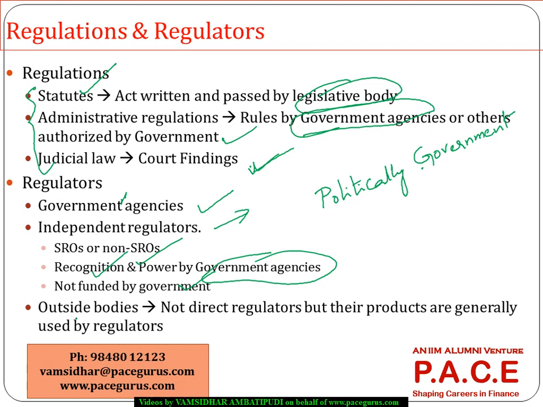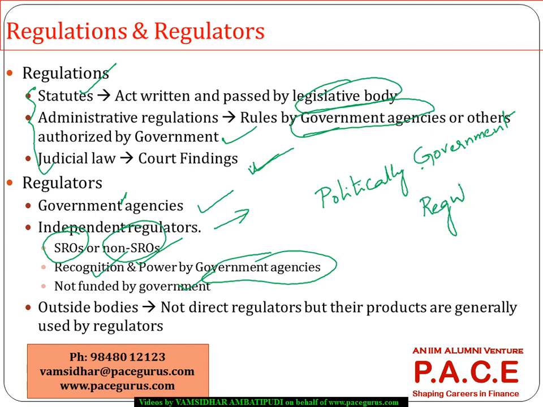But when it comes to the independent regulators, we see two major groups. One could be self-regulatory organizations, whereas the others could be non-self-regulatory. When I am talking about a self-regulatory organization, they play a dual role.